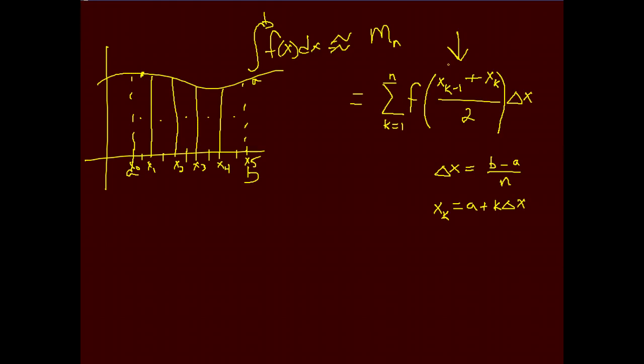Okay, so let's use a function that we know the end result of to test this out. We know that we can find the integral of, let's say, x squared dx, going from 2 to 4. Let's find the exact value using our normal techniques.